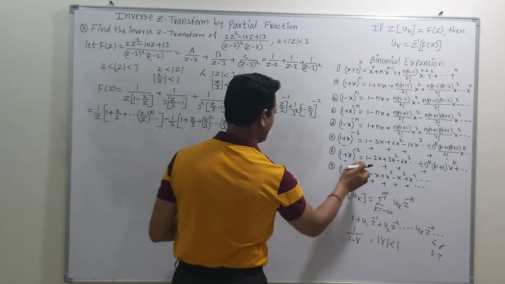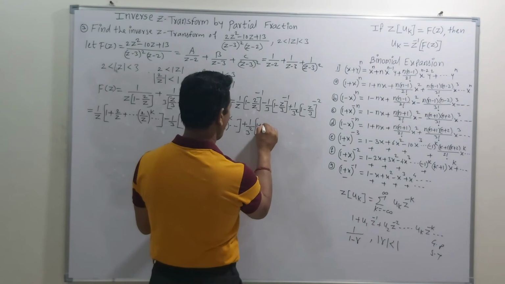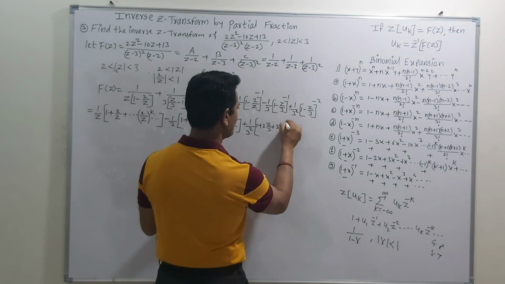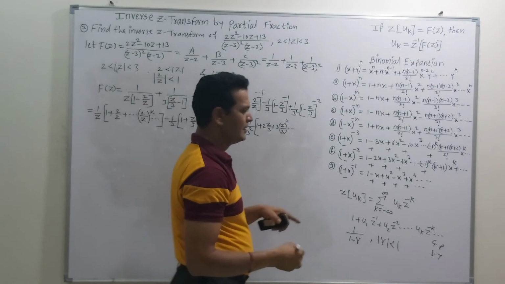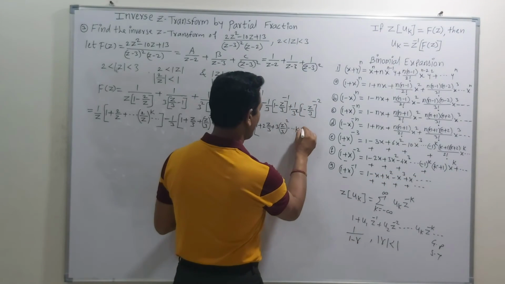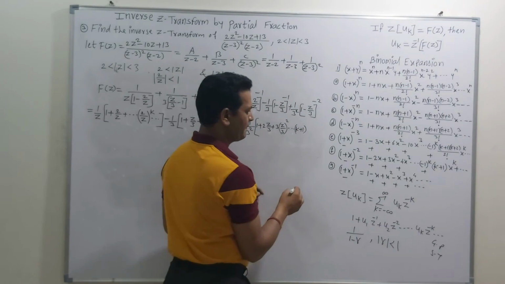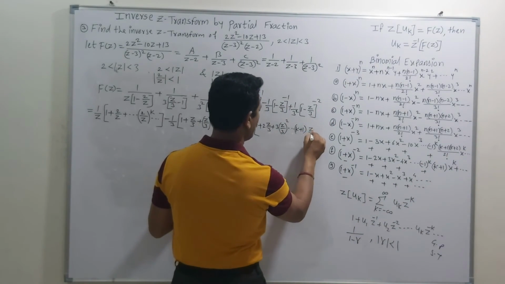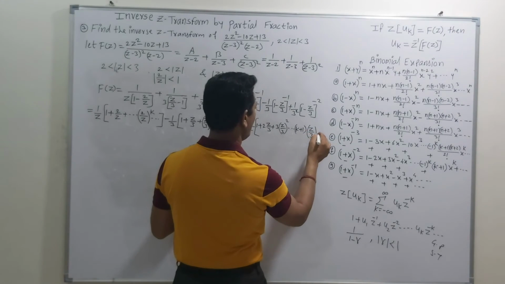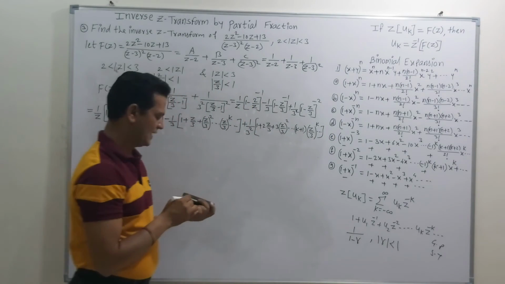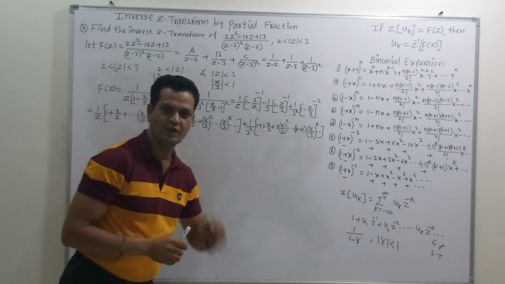If we apply this formula, we can write this as 1 plus 2 z by 3 plus 3 z by 3 its square, and so on. In general, we can write this as k plus 1, then x raised to k, that means z upon 3 raised to k, and so on. So in this way we get the expansion for this third bracket.